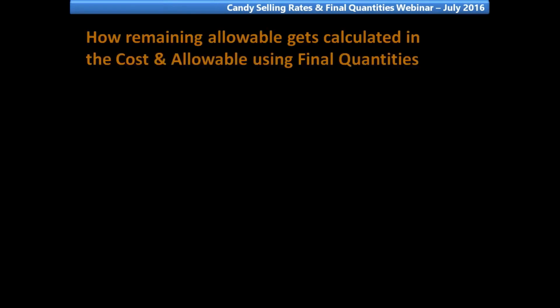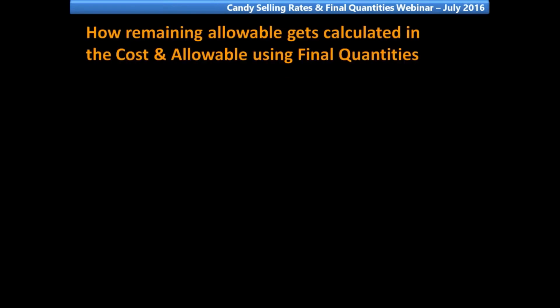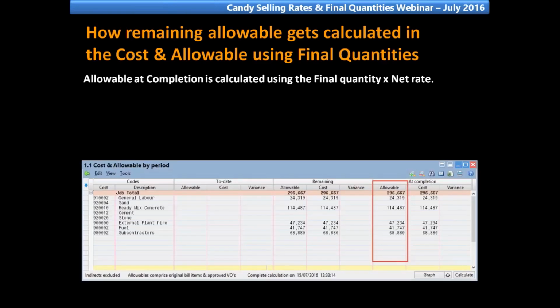Now, before going through to the reports, I would like to show a screenshot of how remaining allowable gets calculated in the cost and allowables using final quantity. Below is document 1.1 under cost and allowable by period.